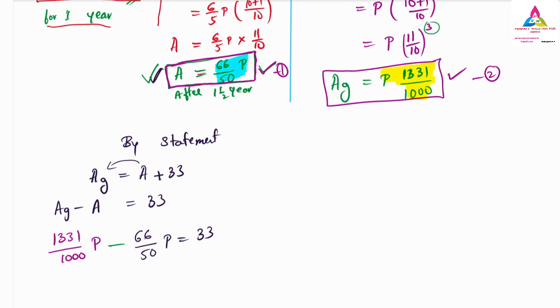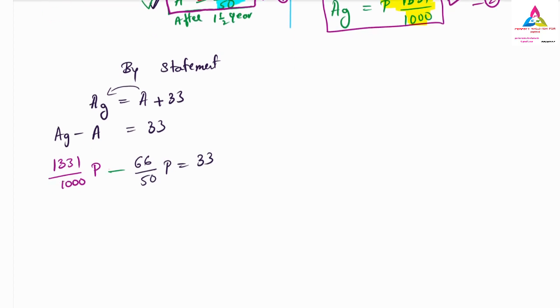Let us calculate this, and if we find this, it is our final answer. Obviously here you can see clearly P is common, so let us take P common. Remaining everything we will write: 1331 divided by 1000 minus 66 divided by 50 is equal to 33.